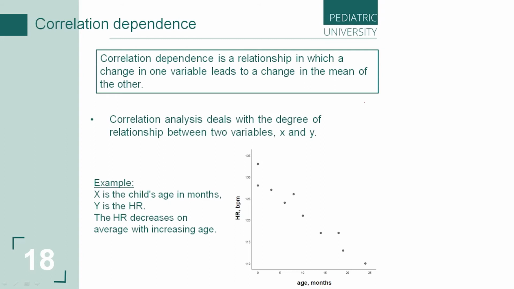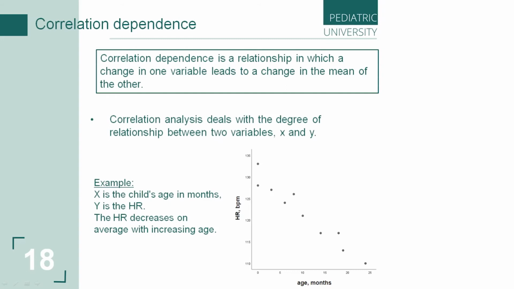Correlation analysis deals with the degree of relationship, the closeness of relationship, between two variables x and y. Let's take the example of the baby's age in months and heart rate per minute.